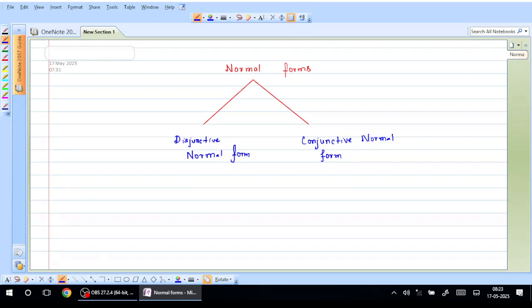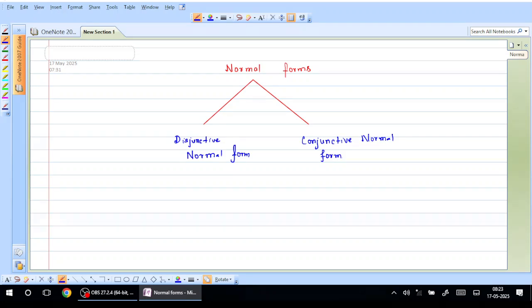First of all, we will try to understand what is disjunctive normal form and what is conjunctive normal form, and later on we will see what is its role in deciding whether the given statement is a tautology or a contradiction or at least satisfiable.